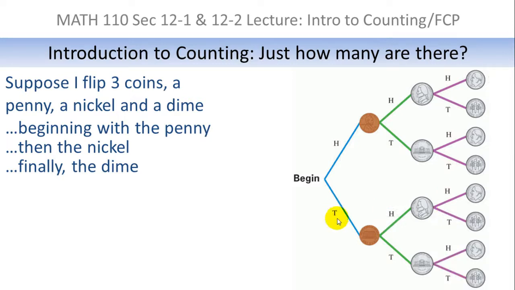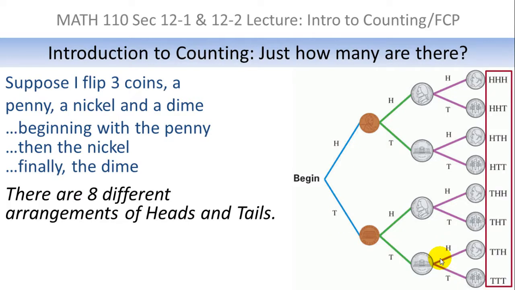And continuing, if the penny is a tail and the nickel is a tail, the dime can still either be a head or a tail, and that generates the possibilities tail, tail, head, and tail, tail, tail. So when all is said and done, there are 8 different arrangements of heads and tails possible.